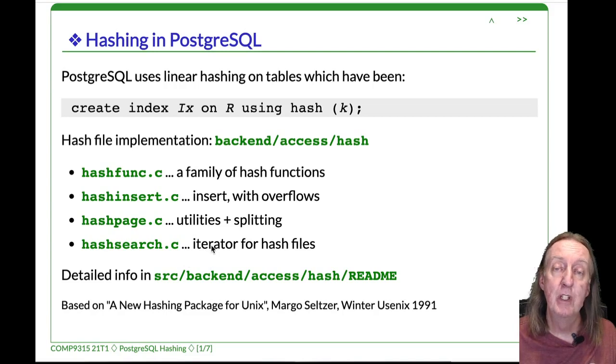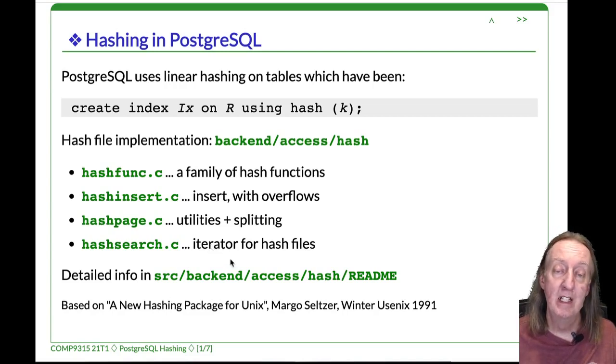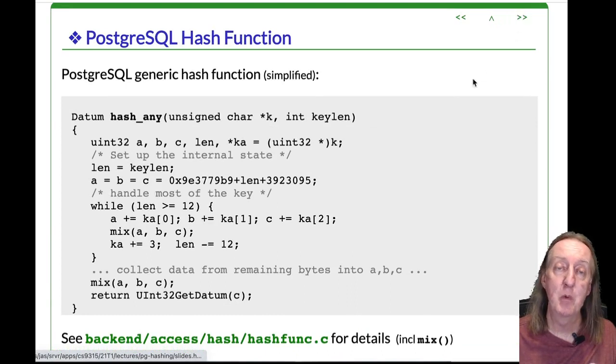And of course, there's an iterator that allows us to scan through hash files if needed. There's a nice README in this directory which contains an extensive description of how everything works. And the linear hashing that they use in Postgres is based on this work from 1991.